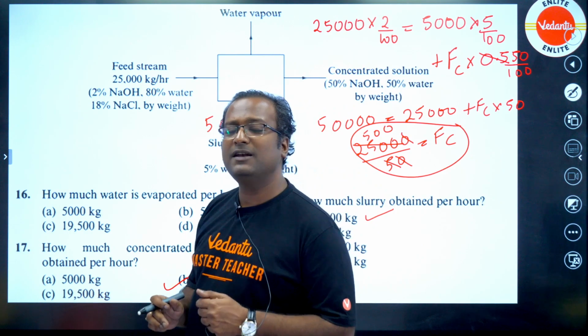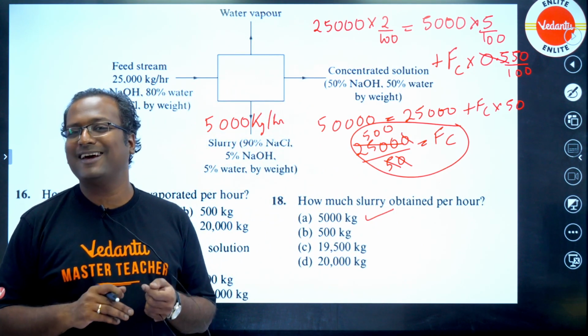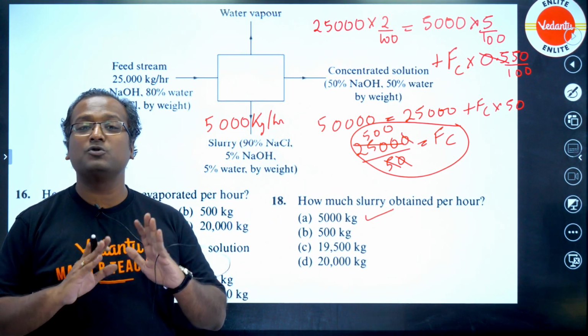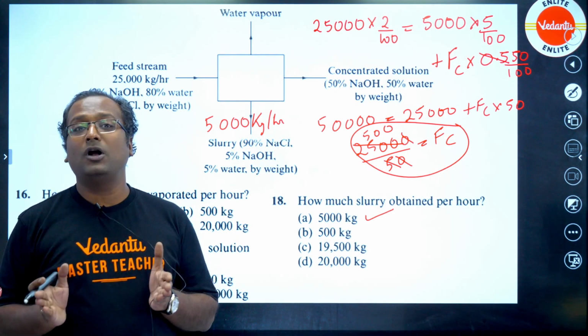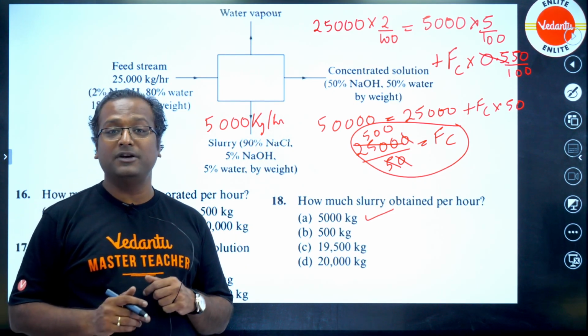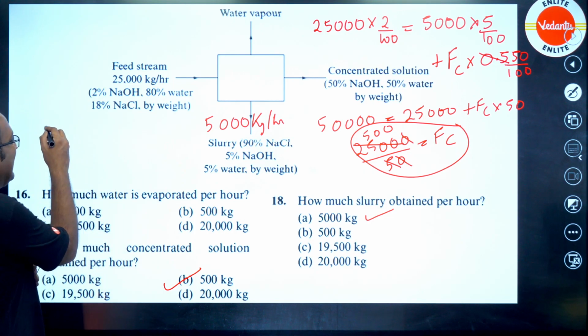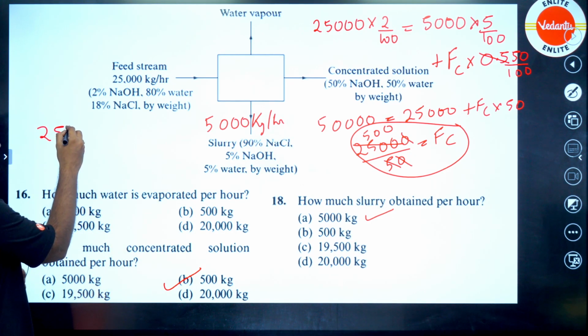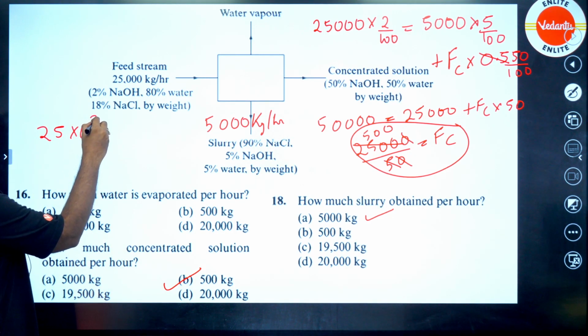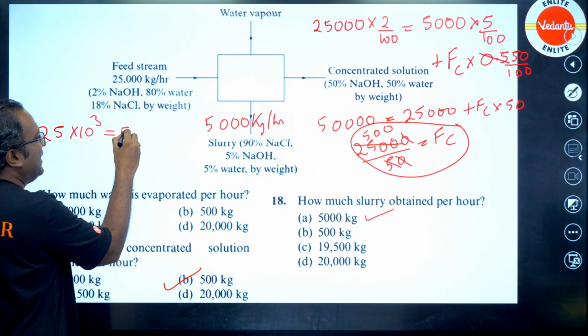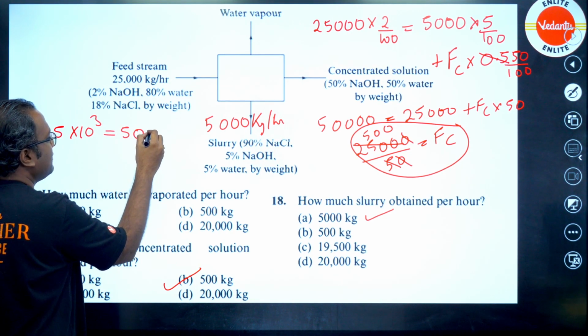I'll repeat what I'm saying. Now I will not be solving for water again. Now I will use mass balance. Overall mass is always conserved. We were adding 25,000. We are removing 5,000 in the form of slurry.